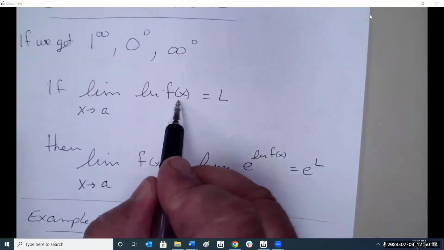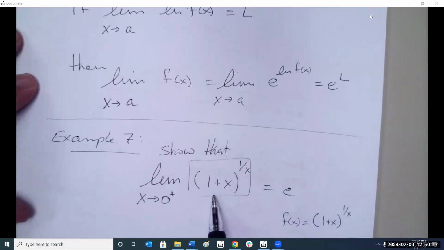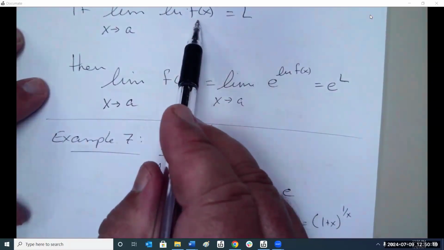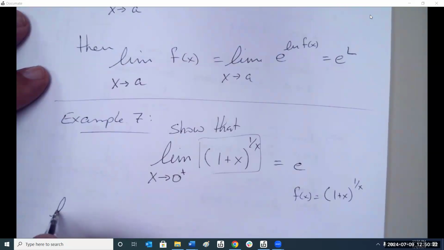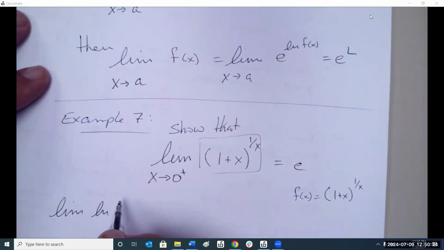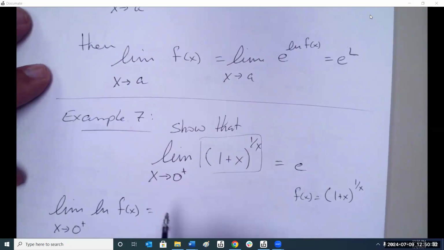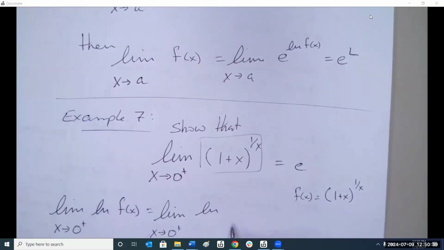Okay, so as we said here, if that's our f of x, then the limit of the ln of f of x as x approaches 0 from the right becomes the limit of ln of our function, 1 plus x to the power 1 over x.